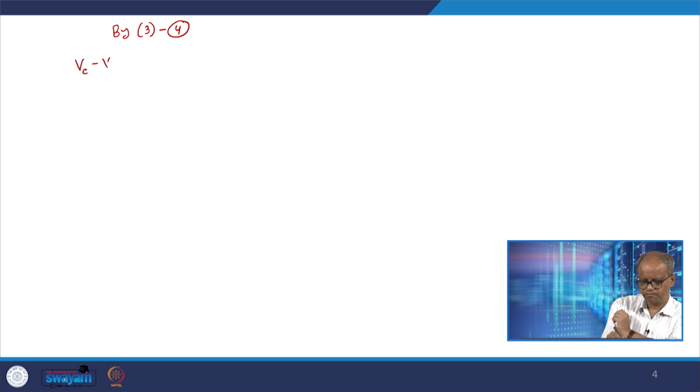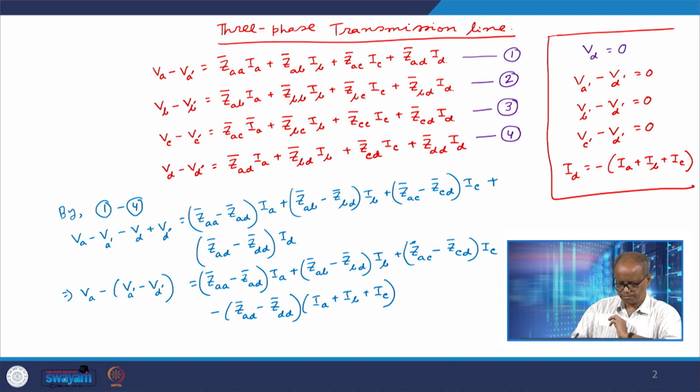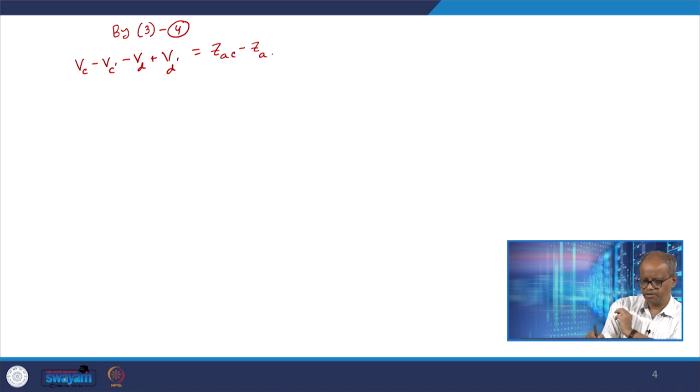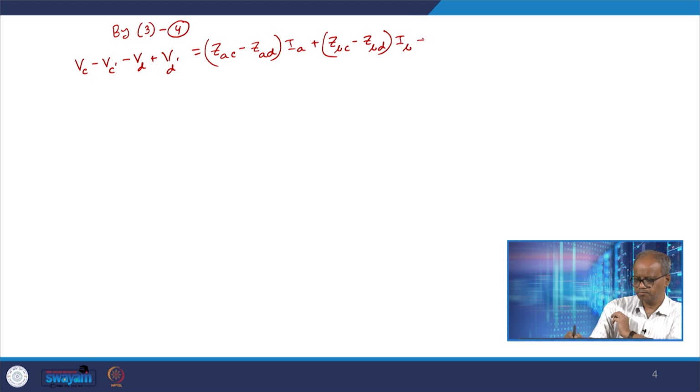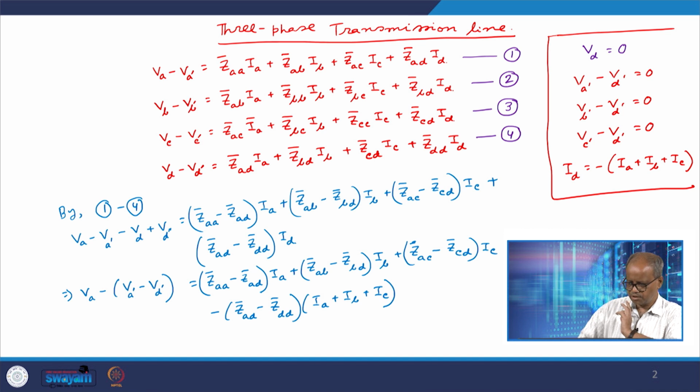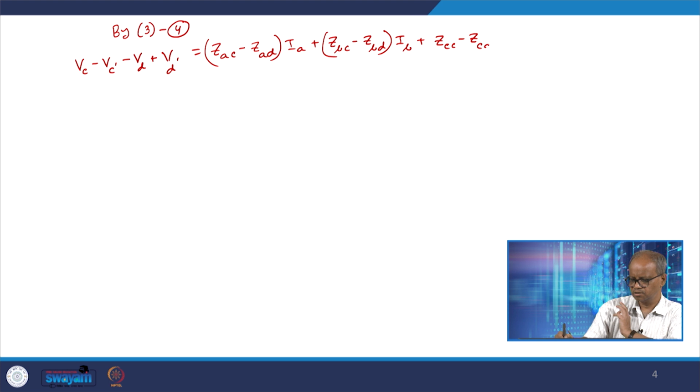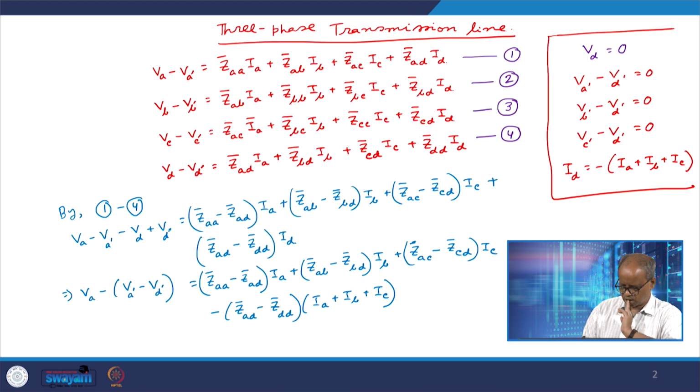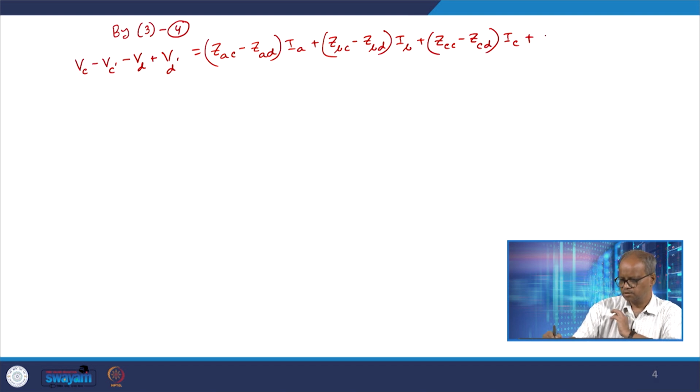VC minus VC dash minus VD plus VD dash is equal to ZAC minus ZAD into IA plus ZBC minus ZBD into IB plus ZCC minus ZCD into IC plus ZCD minus ZDD into ID. All are primitive.